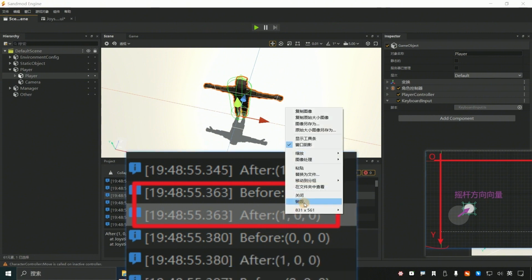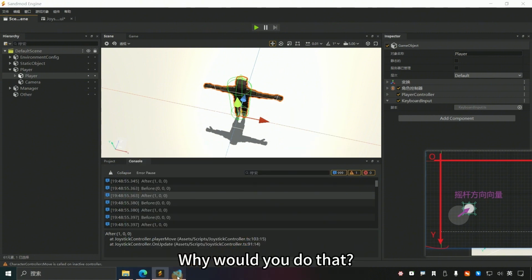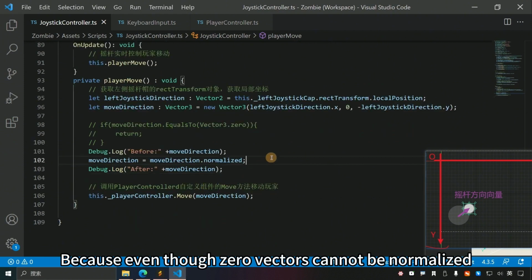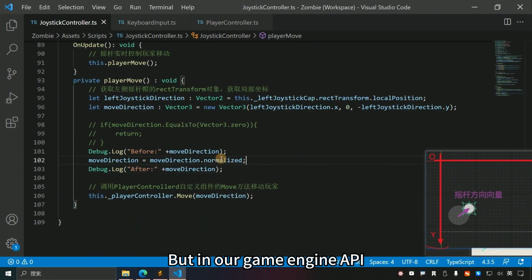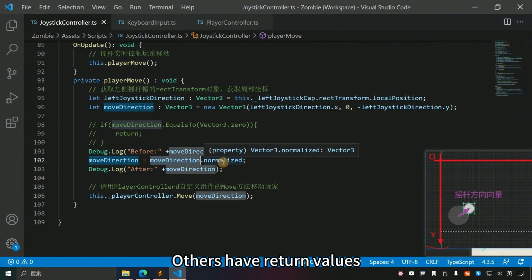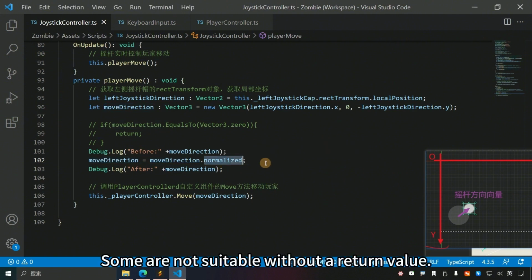And here's why: even though zero vectors cannot be normalized, in our game engine API this method can't have no return value.